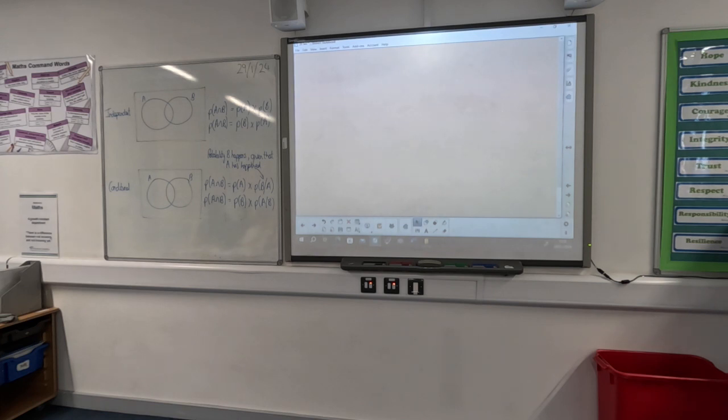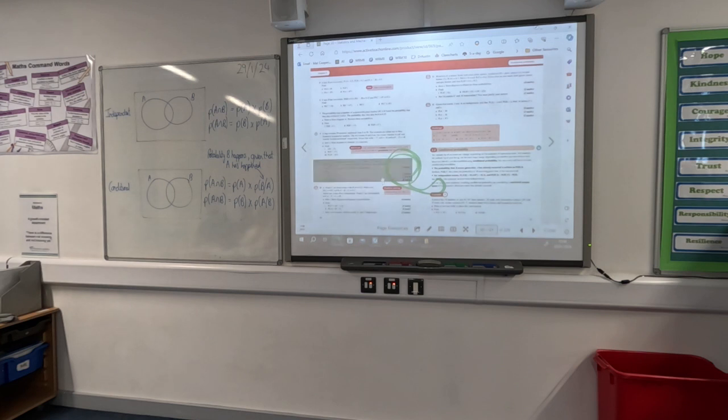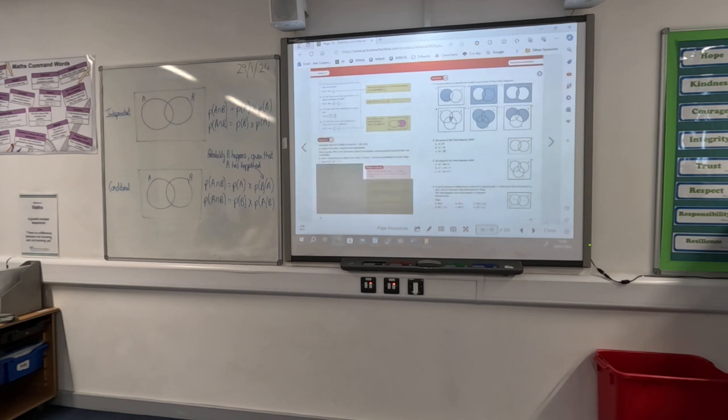Looking out for independence, let's do an example together, which is actually from page 18, but I'll put it up on the board. Page 18.